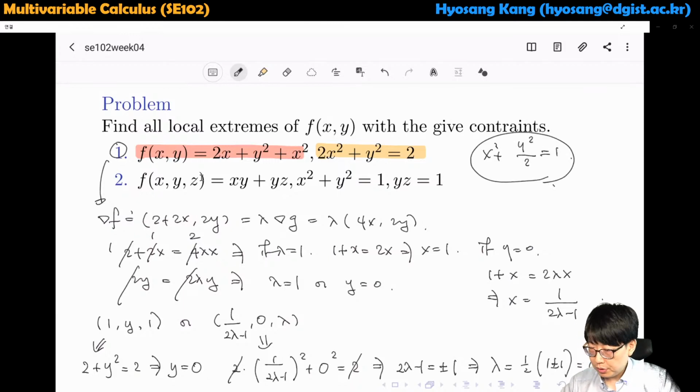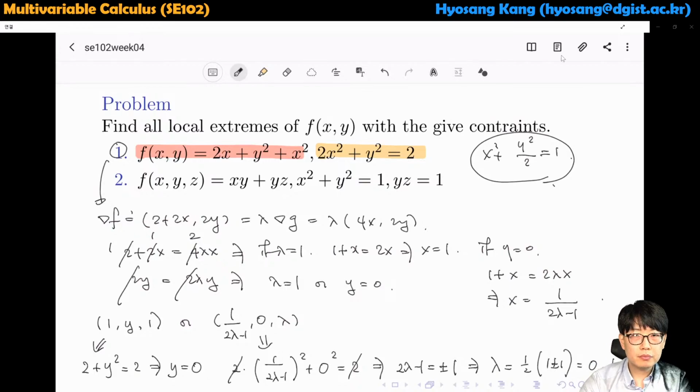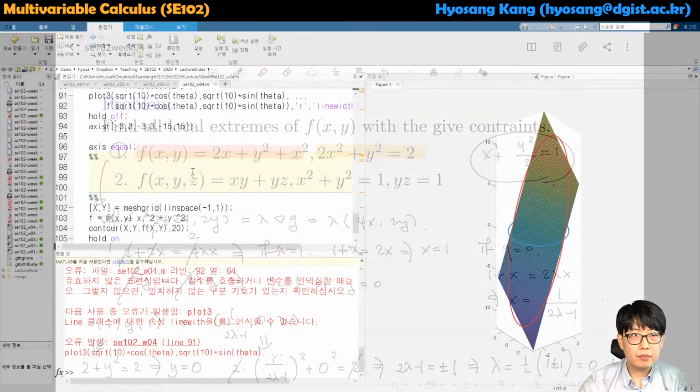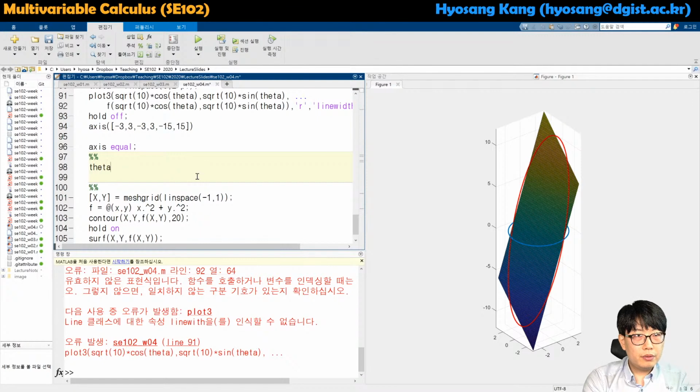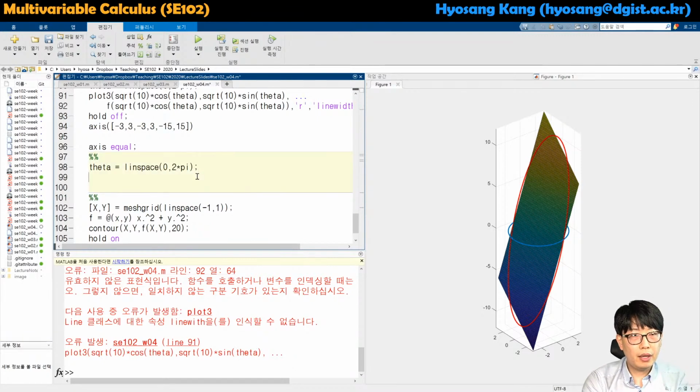Okay, so I'm going to draw it. Theta equals linspace from 0 to pi, and x is cosine theta, and y is square root of 2 times sine theta.